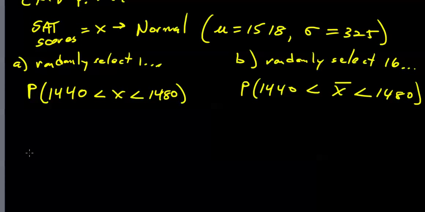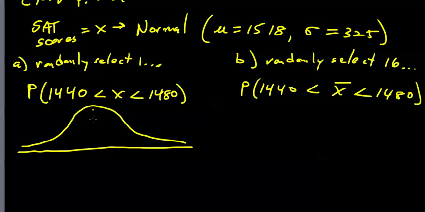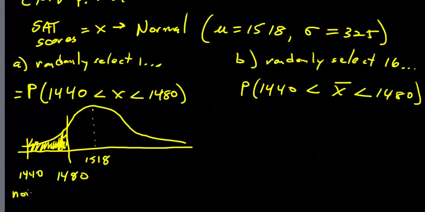Alright, again, let me draw a little picture here. X is normal. The SAT scores have a normal distribution that peaks at the population mean of 1518. And if I draw lower and upper boundaries here, 1440 and 1480, this area under the normal curve is the probability we seek. So I'll use my normal CDF command on the calculator.